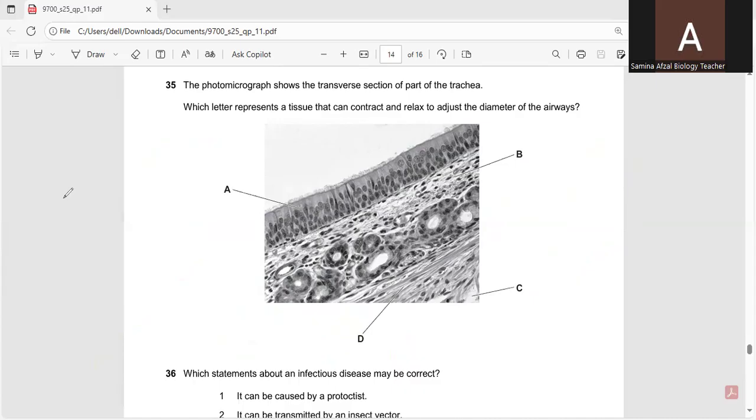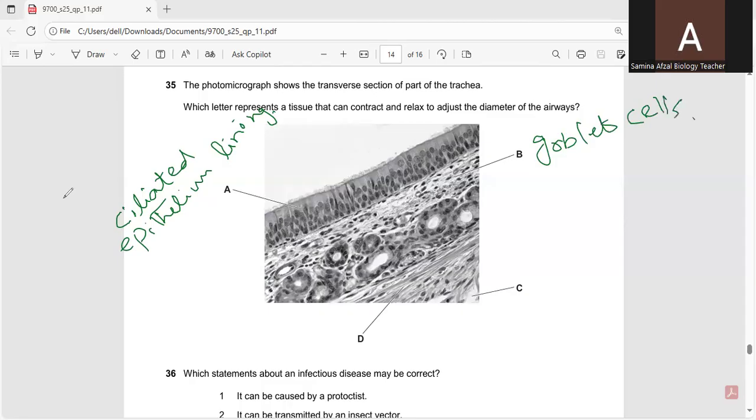So here you can see A is the ciliated epithelial lining, B is the goblet cells, C is the hyaline cartilage, and fourth, the layer of smooth muscles.